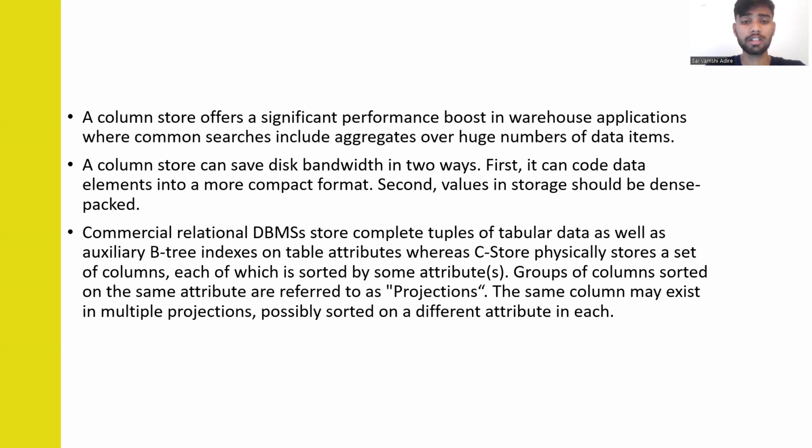But as I said, C-Store physically stores a set of columns only, not rows, each of which is sorted by some attributes, referred to as projections. And some of the columns may exist in multiple projections.